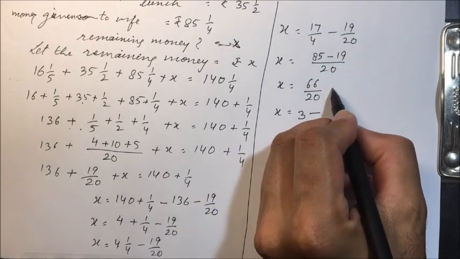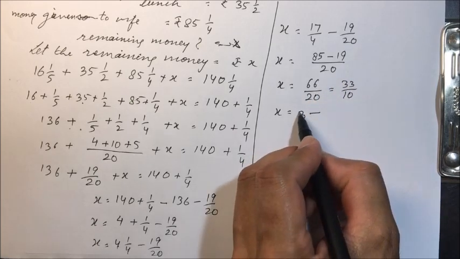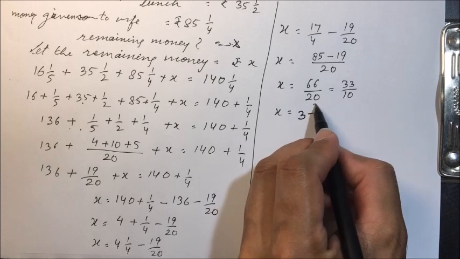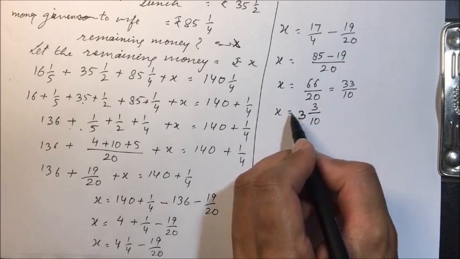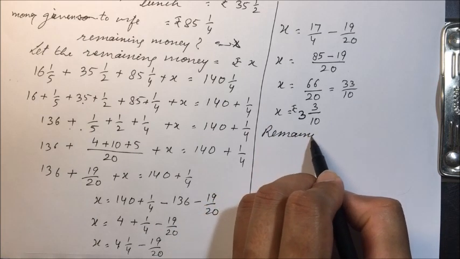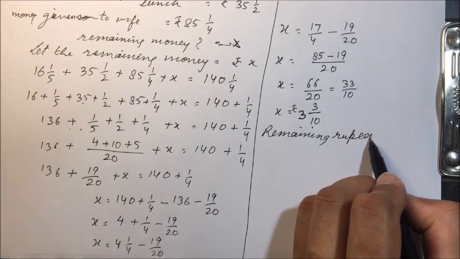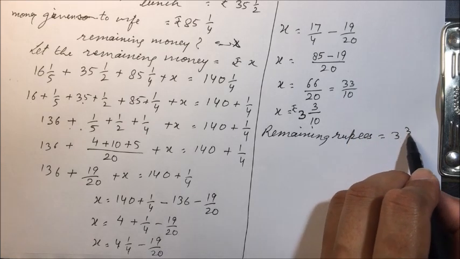Or we can simplify it as well. Divided by 2, it will be 33 upon 10. Or we can write 3 3 upon 10 rupees. So remaining rupees equal to 3 3 upon 10.